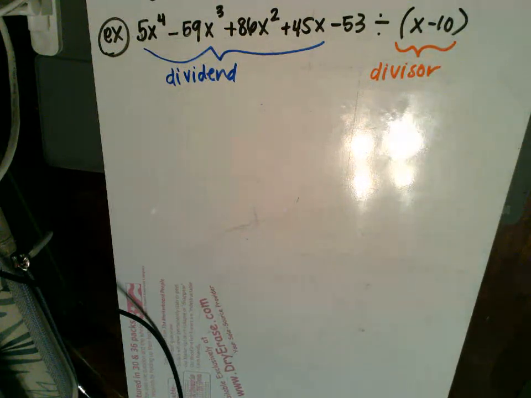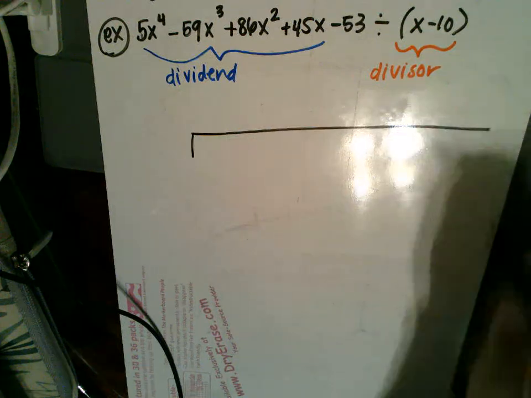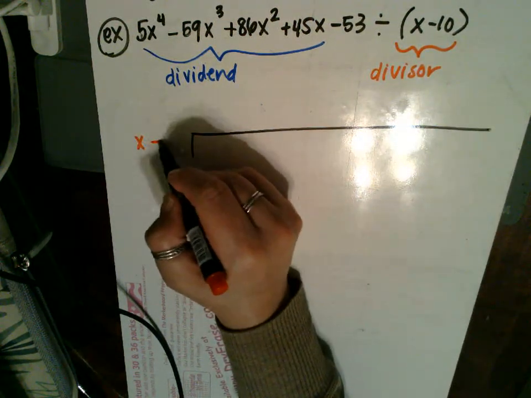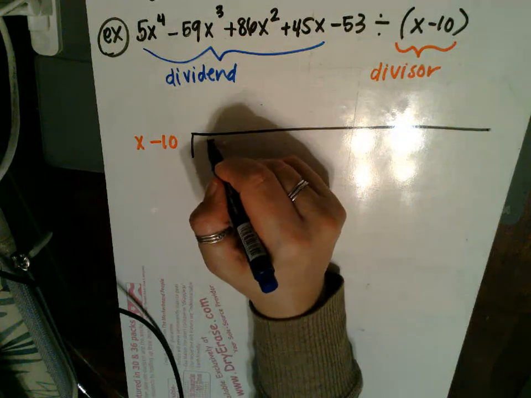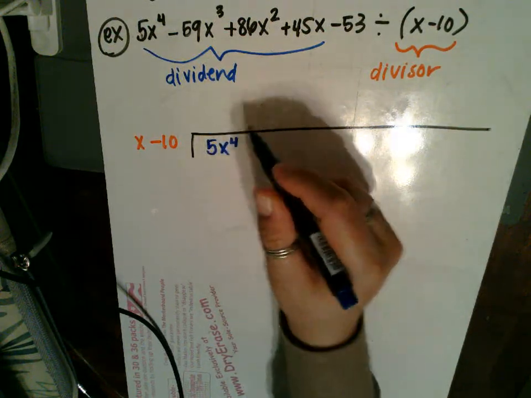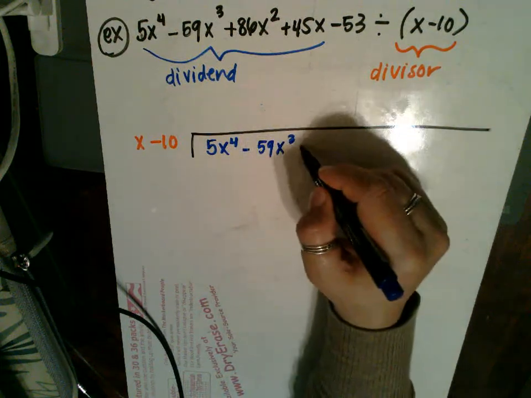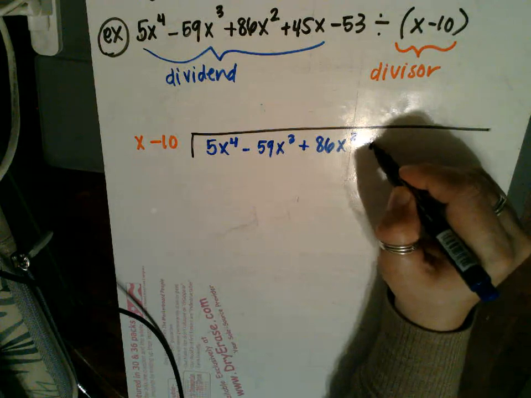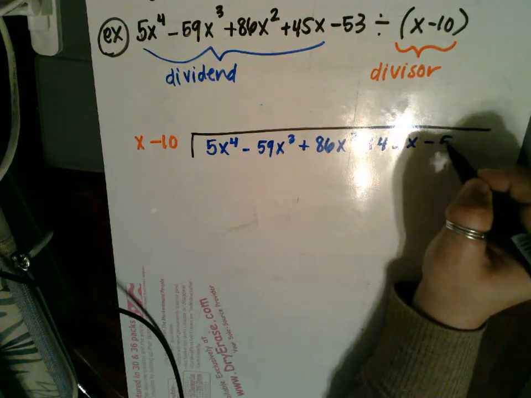So to perform this long division, we are going to have our divisor on the outside, the short one, x minus 10 on the outside. And my dividend goes on the inside. So 5x to the fourth minus 59x to the third plus 86x squared plus 45x to the first minus 53.